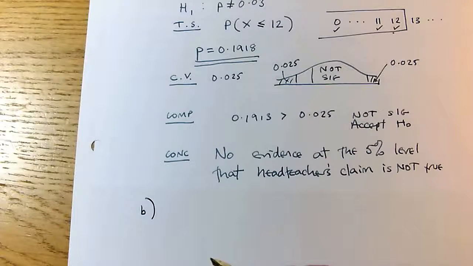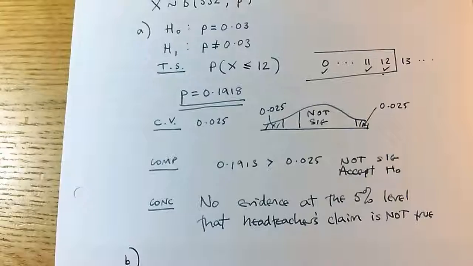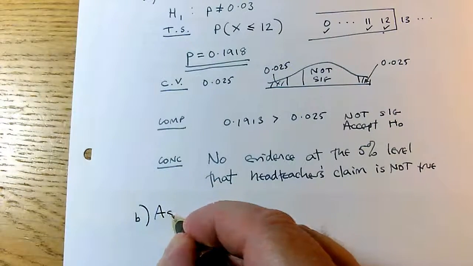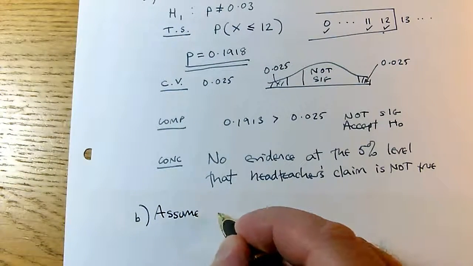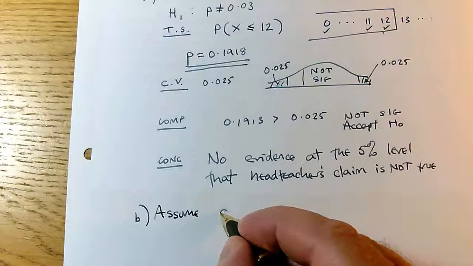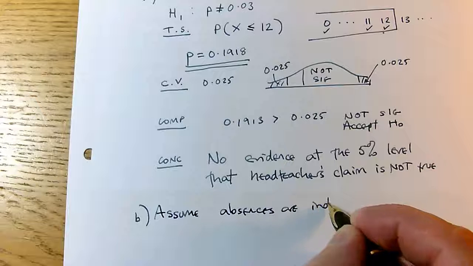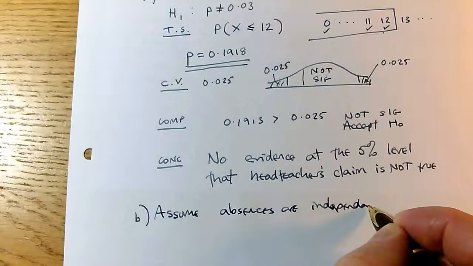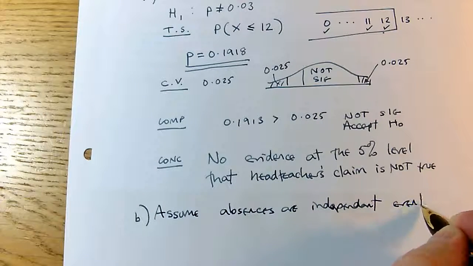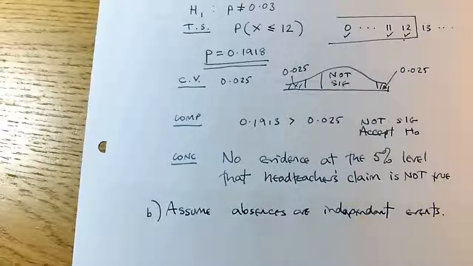Anyhow, we're assuming it is because we used a binomial distribution. So we have to assume absences are independent events. May or may not be true, probably isn't true, but that was the basic assumption. It's probably near enough to be true that the test isn't totally rubbish.